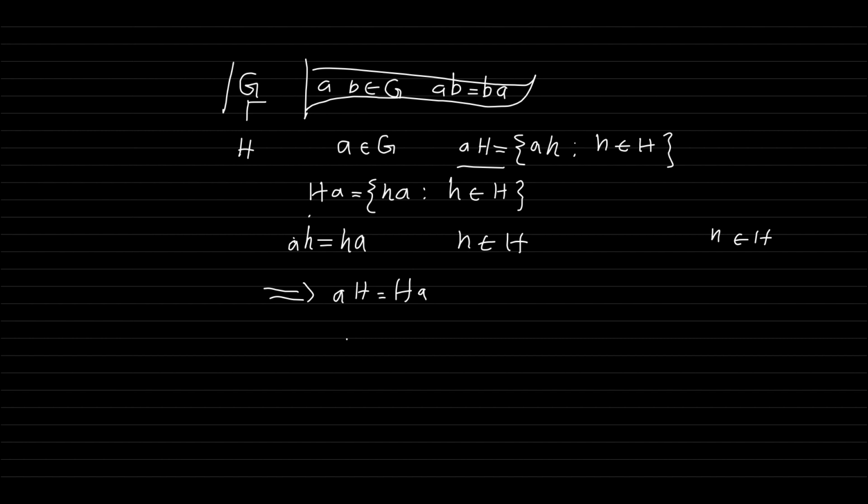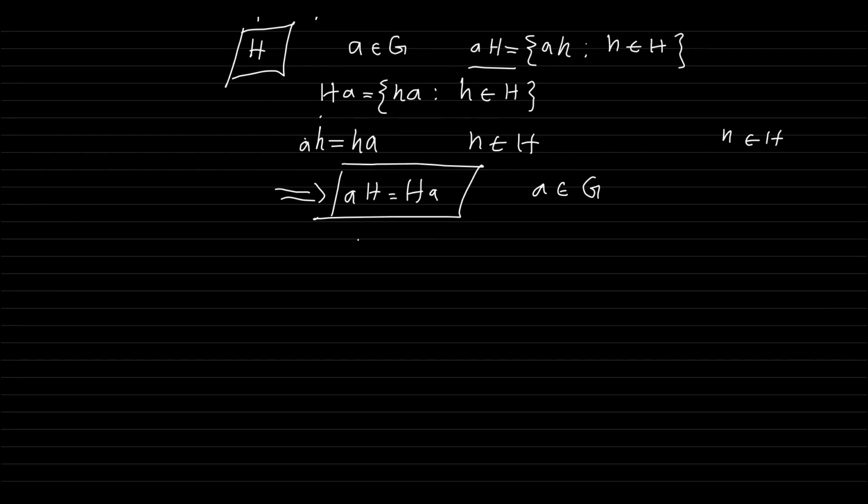So for an abelian group, when we consider any subgroup H of G, we have this property: AH is equal to HA for any A in G.